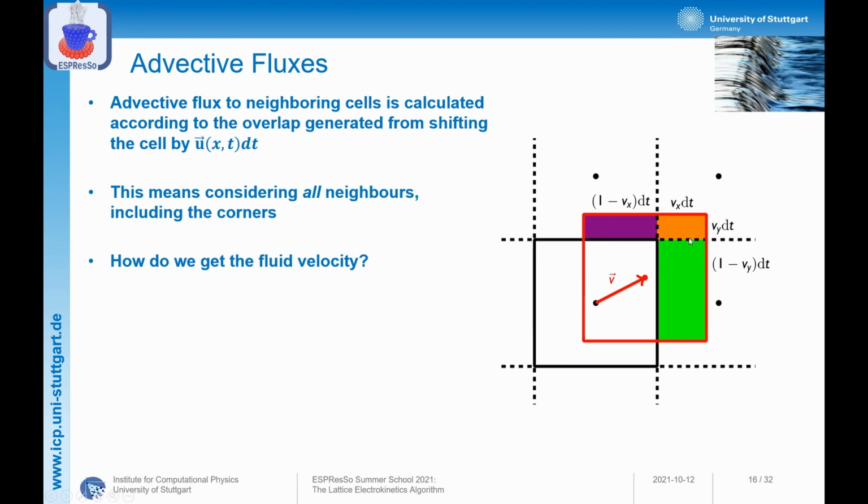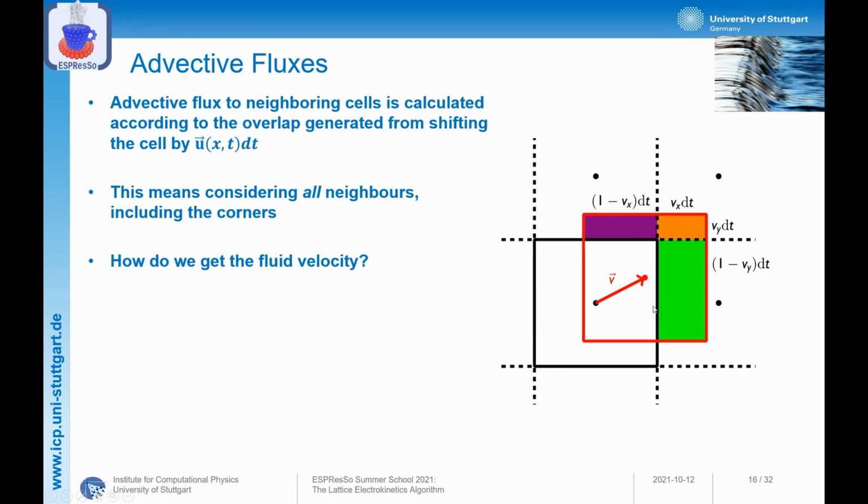And then we see how much overlap is now between the red square and the neighboring cells of the one that we looked at. So the green, orange, and purple area. And the flux across this link, for example, so from here to here, is now the green area minus whatever would come from the virtual displacement of the left box here.